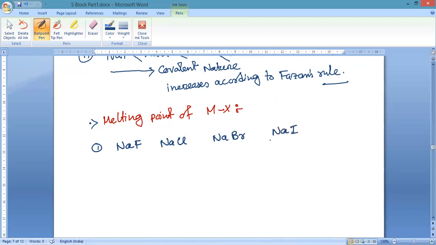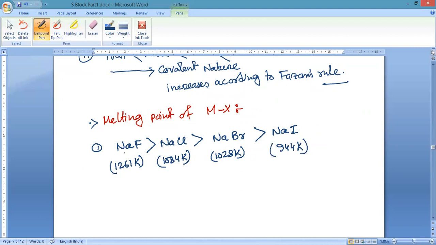Here the anion is different but the cation is the same. For such compounds the melting points are like this: NaF is 1261 K, NaCl 1084 K, NaBr 1028 K, and NaI 944 K.